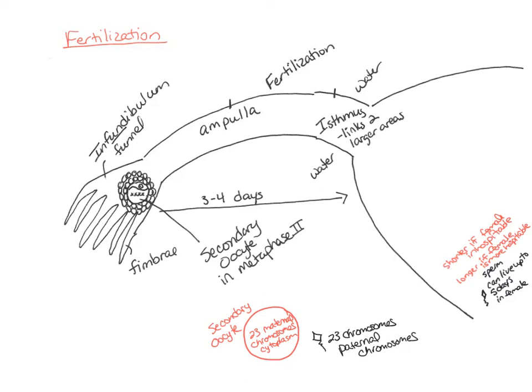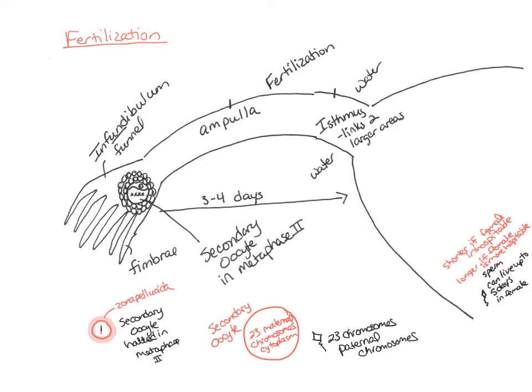At fertilization, when it occurs, the diameter of the secondary oocyte is more than twice the entire length of the sperm. So we'll start at the beginning. Ovulation releases a secondary oocyte in metaphase 2. The secondary oocyte is surrounded by a thick glycoprotein layer that's called the zona pellucida.